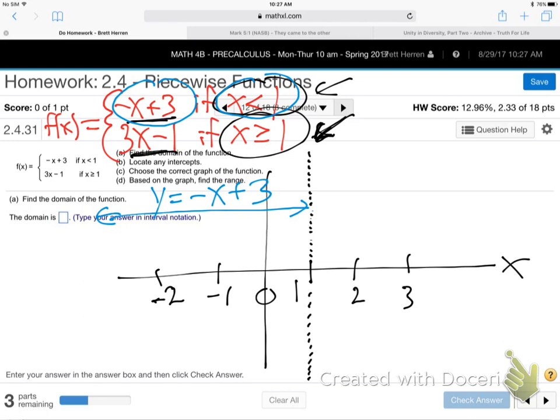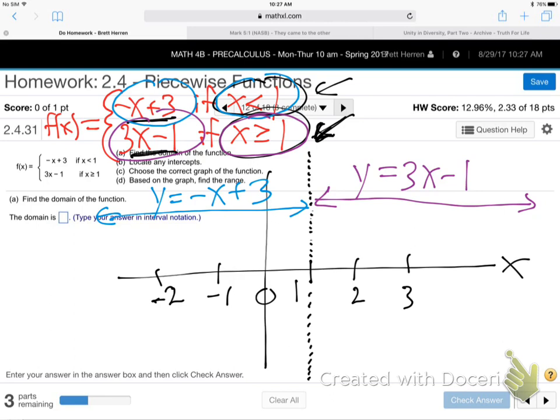And then for x greater than or equal to 1, in this territory, I'm going to plug into y equals 3x minus 1. Do you see that? It's 2 pieces of graph is what it is. Because they're telling me which equation to use in which zone.